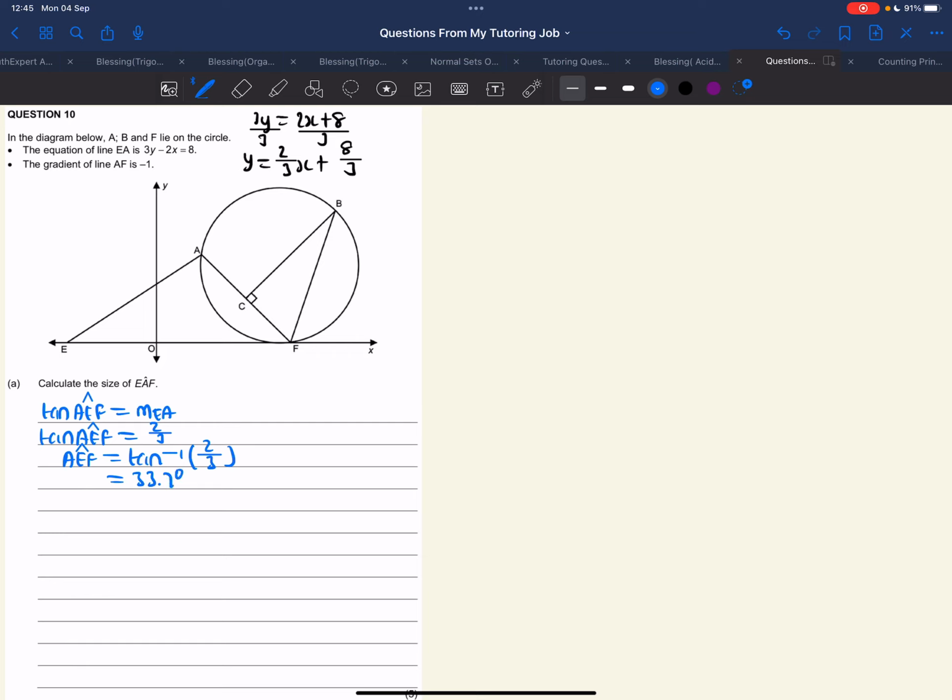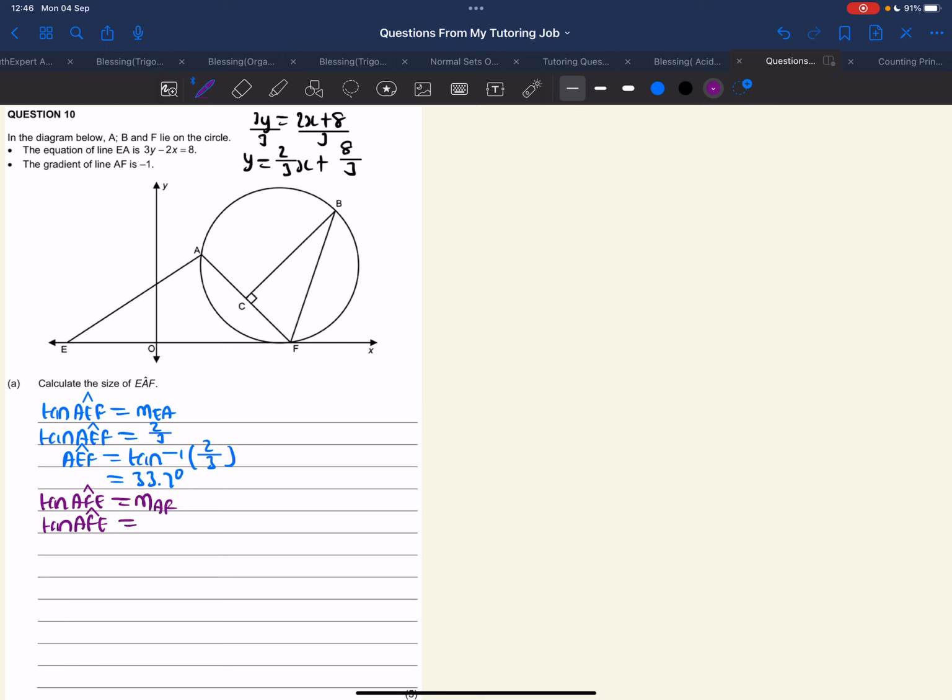All right, and then using a different color to find the angle AFE, I'm still going to say tan of angle AFE, which is going to be the gradient of line AF, right?